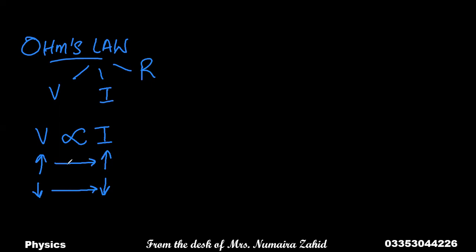Whenever we replace this proportionality with an equality sign, it becomes V is equal to I, and we have to input a constant value, which is the resistance of the material.